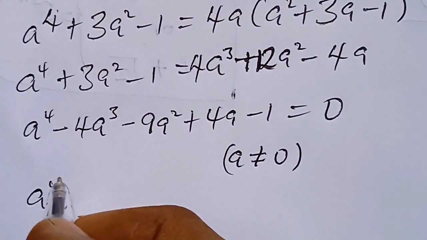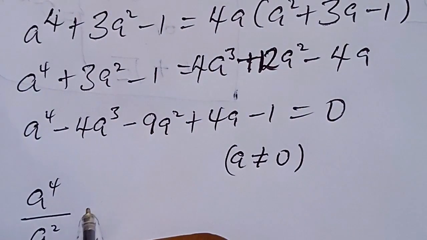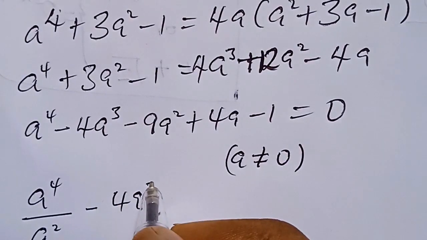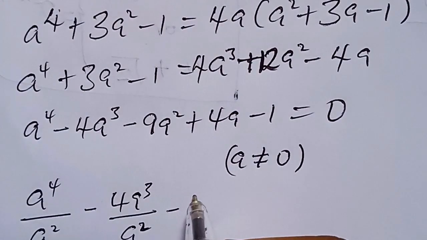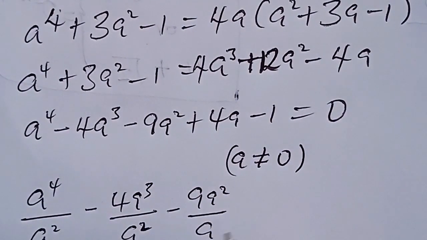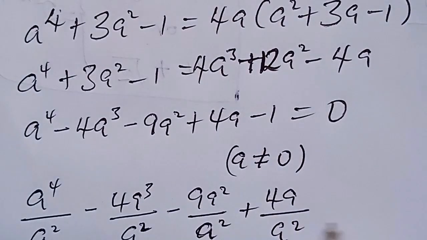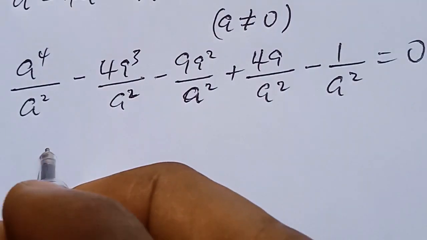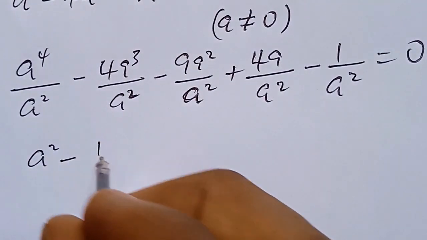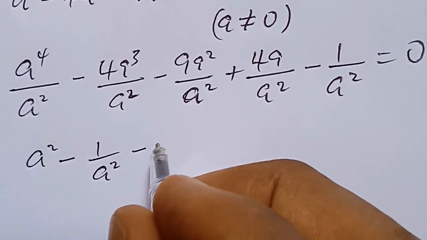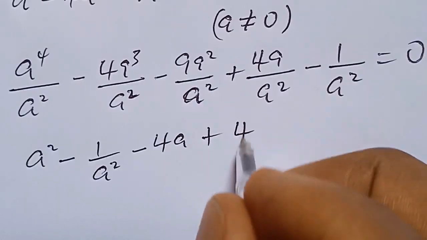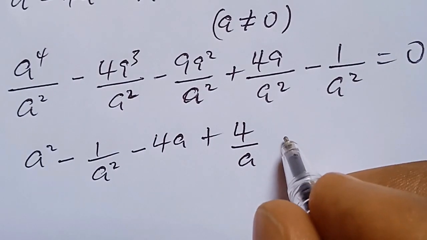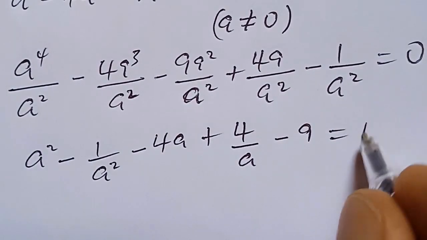So this implies that a to the power of 4 divided by a to the power of 2, minus 4a to the power of 3 divided by a to the power of 2, minus 9a to the power of 2 divided by a to the power of 2, plus 4a divided by a to the power of 2, minus 1 divided by a to the power of 2 equal to 0. Minus 9 equal to 0.